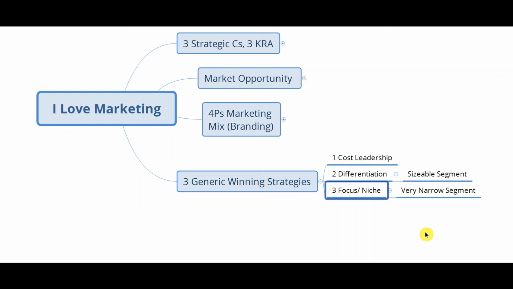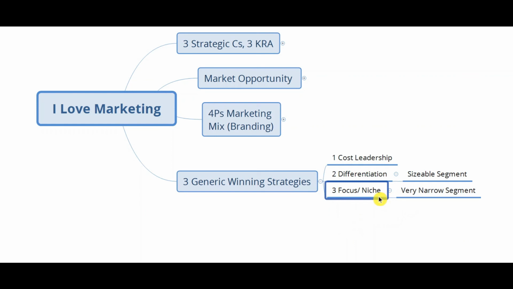You focus on a very identified, narrow segment called the niche and try to be the best in that particular chosen niche. Okay, so there are fewer players who are able to focus on being the best in a niche, but again, this is a more common strategy than cost leadership.